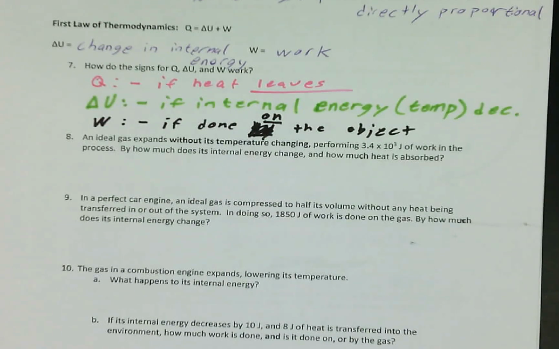Okay, so let's take a look at this because there is some math to do here, but it's really pretty straightforward. You just got to be really careful about the signs. Okay, so number 8 here. An ideal gas expands without temperature changing, performing 3.4 times 10 to the third joules of work in the process. How much does its internal energy change and how much heat is absorbed?